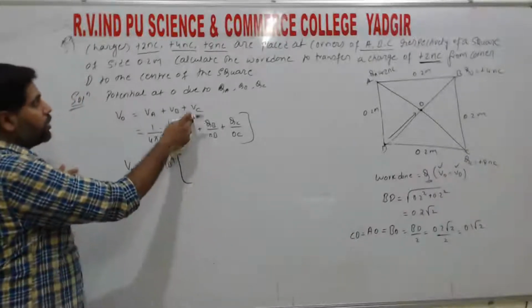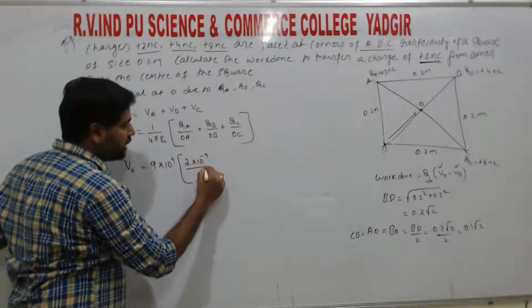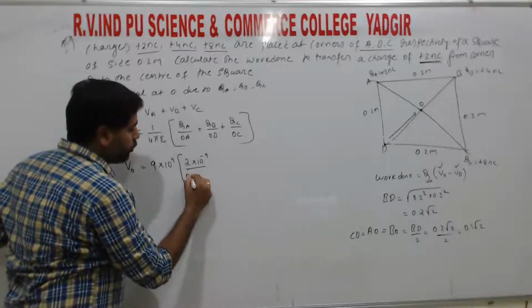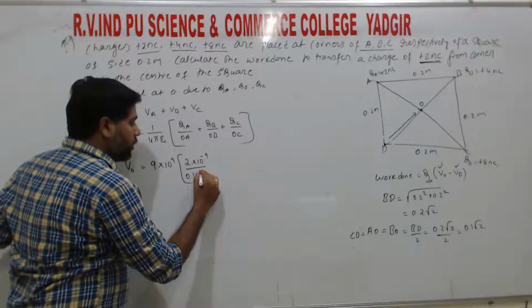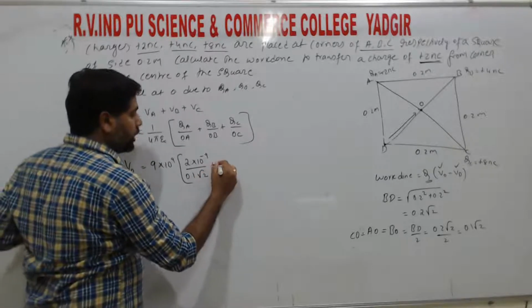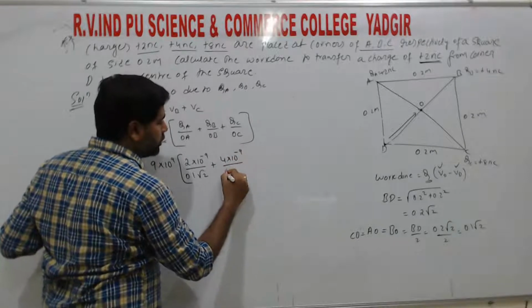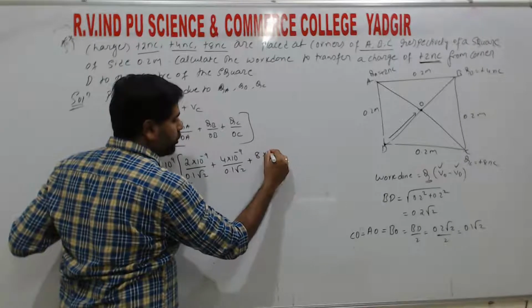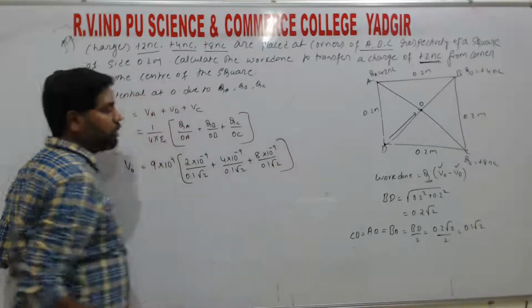QA value is 2 nanocoulomb, 2 into 10 to the power of minus 9 divided by OA, and OA is 0.1 root 2, plus 4 into 10 to the power of minus 9 by 0.1 root 2, plus 8 into 10 to the power of minus 9 by 0.1 root 2, right?